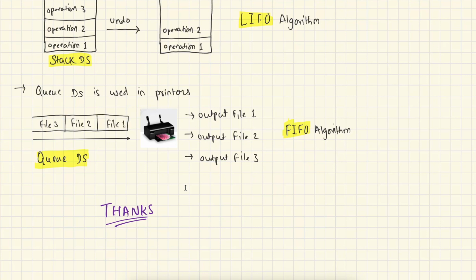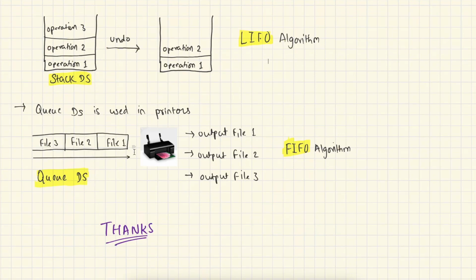So what happens if you give 3 files to a printer? It stores all 3 files in a queue. It takes one file out of the queue and prints it. It takes the second file from the queue and prints it. Finally, it takes the last file from the queue and prints it. The printer follows the FIFO algorithm, and FIFO stands for first in, first out. So the file which comes first will be printed first. It means the printer uses the queue data structure and the queue data structure uses the FIFO algorithm.